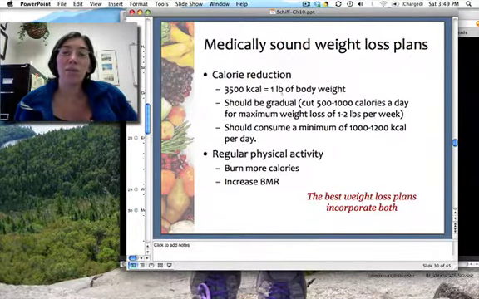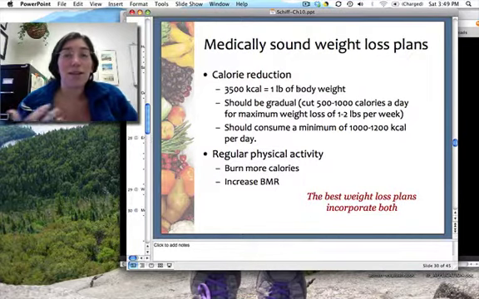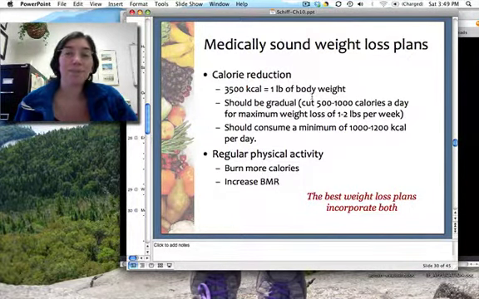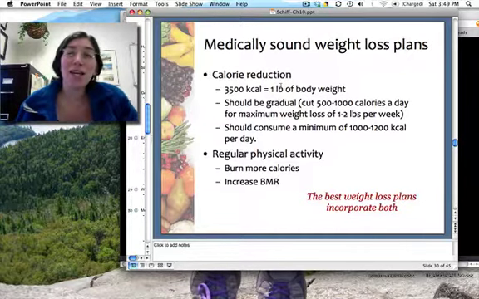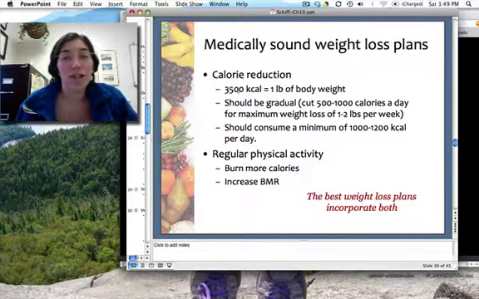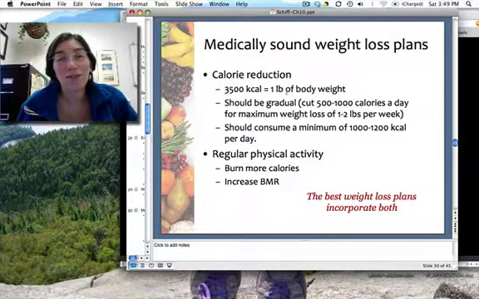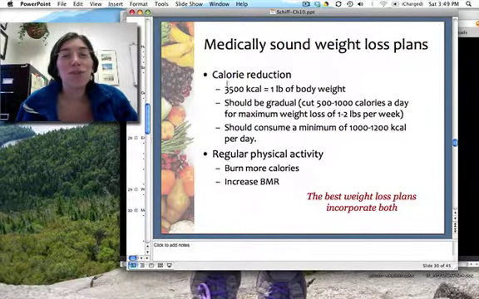So when it comes to calorie intake and weight loss, the formula is that 1 pound of body weight is equivalent to about 3,500 calories, okay? So you want to achieve a deficit of about 3,500 calories for each pound of weight that you lose. Your weight loss should be gradual. You shouldn't try to cut out 3,500 calories a day.